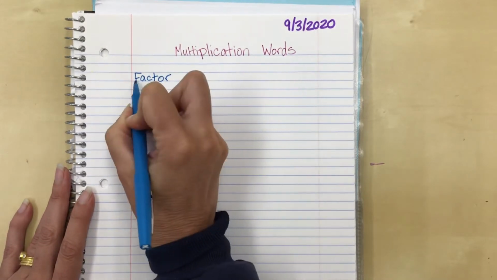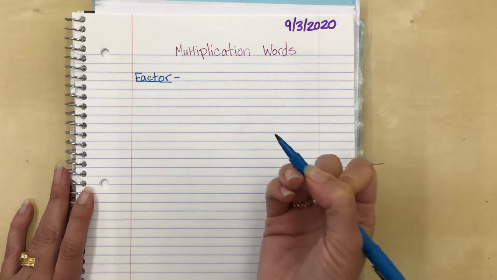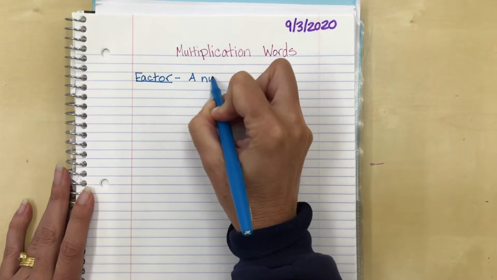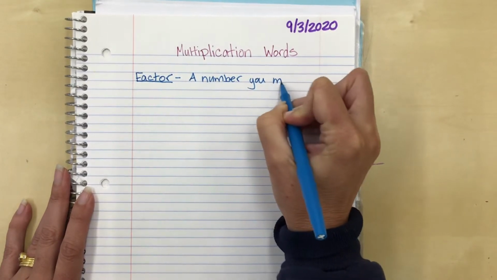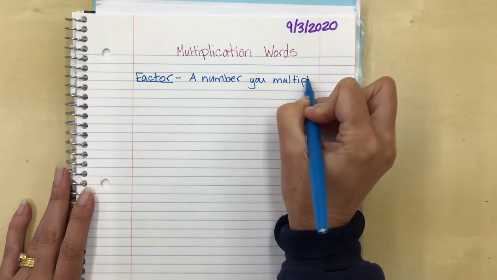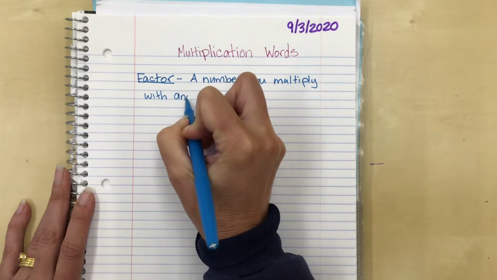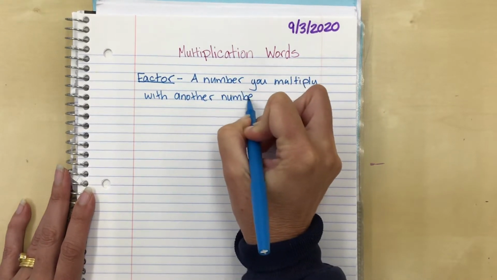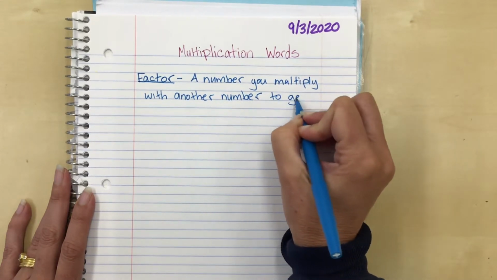So you're going to write factor, and then we're going to write the definition. It's a number you multiply with another number to get a product or the answer.